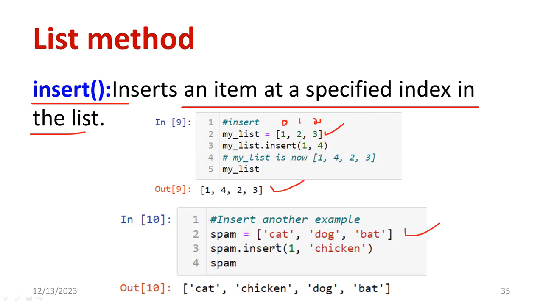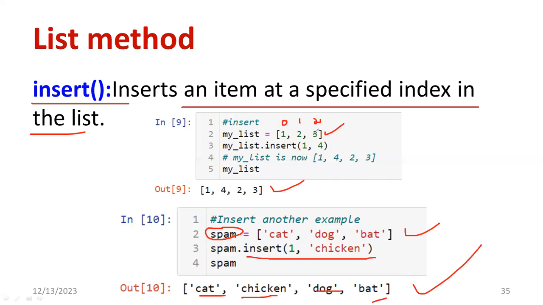Now what I want to do is spam dot insert 1 comma chicken. As per the previous list, the zeroth element is cat, the first element is dog, and the second element is bat. But I'm going to insert 1 comma chicken, so at the first position I want to add chicken. So now the first position is chicken, then dog, bat. I think it's clear to everybody.